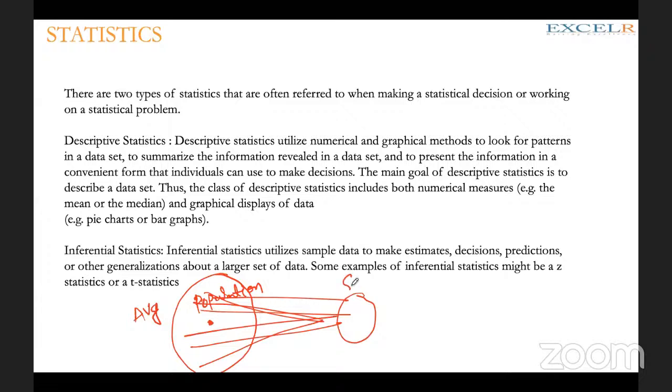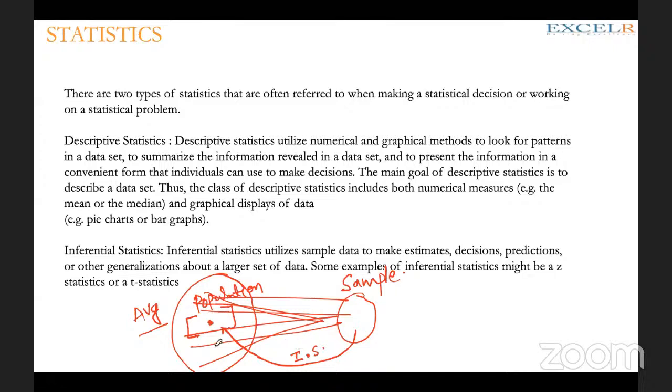So this is my sample now. Now what I would do is apply inferential statistics. When I apply inferential statistics, as output we would get the estimate of the average age of this population.